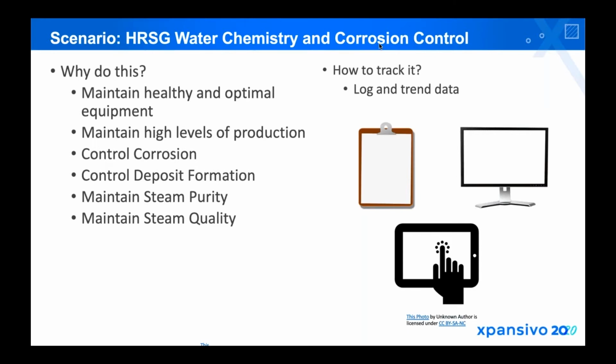We want that equipment to keep running as it's supposed to, keep generating, in this case, energy, constantly at high levels. So in that sense, we want to make sure that those equipments are in optimal condition, they are healthy, and they will respond to anything that we put them into. Also, we want to control corrosion.